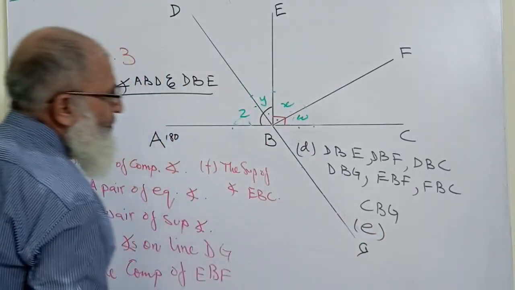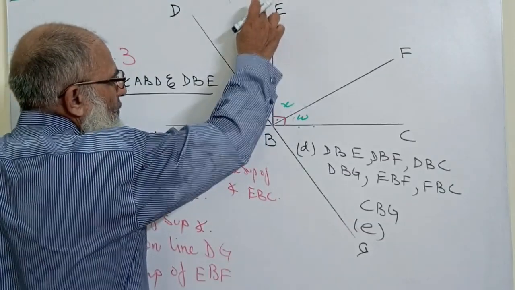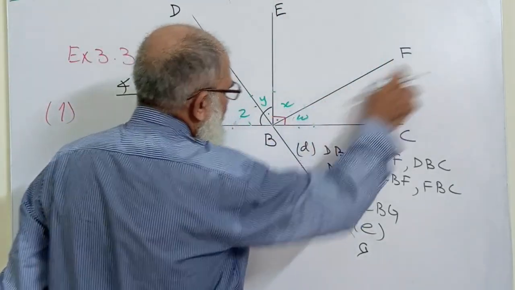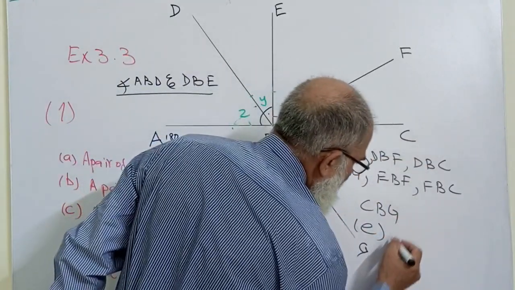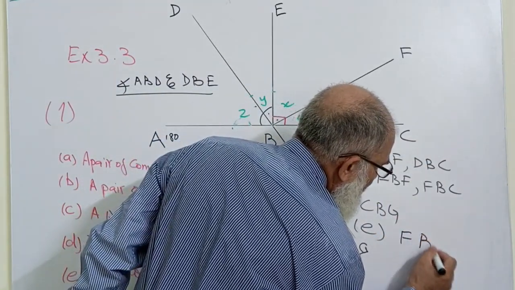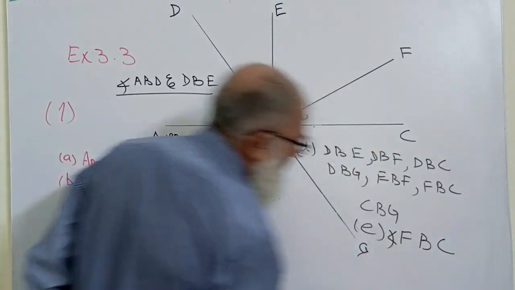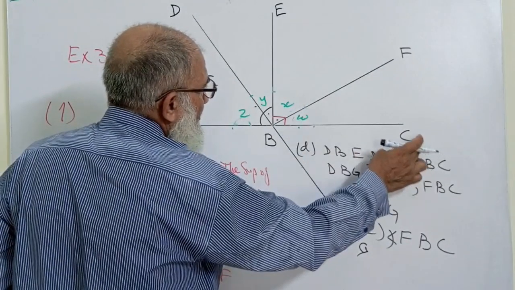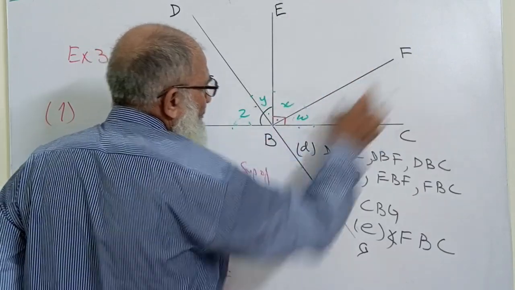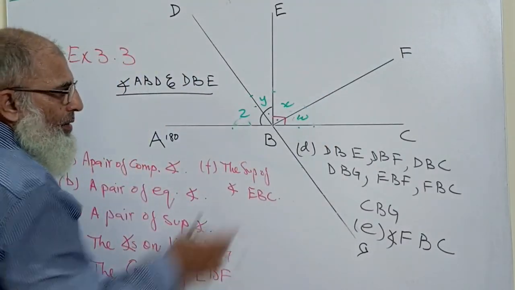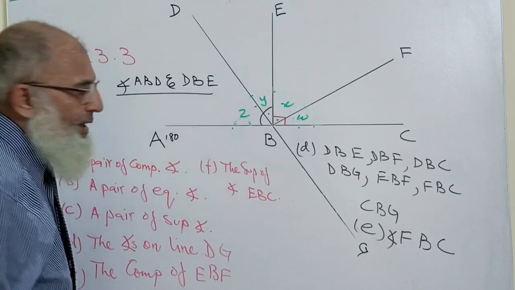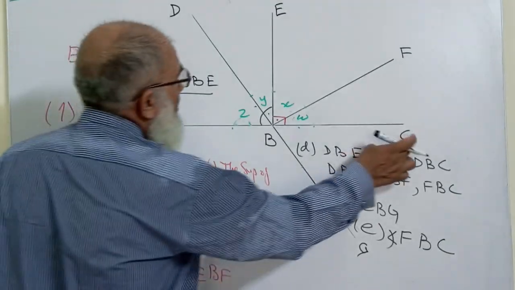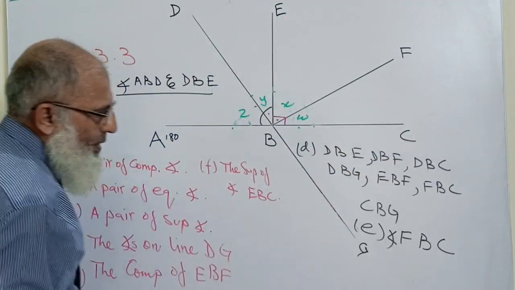The complementary angle of EBF is angle FBC, because angle FBC and angle EBF constitute this angle, which is 90 degree, which is CBE.